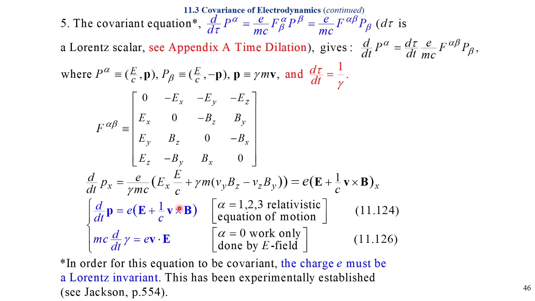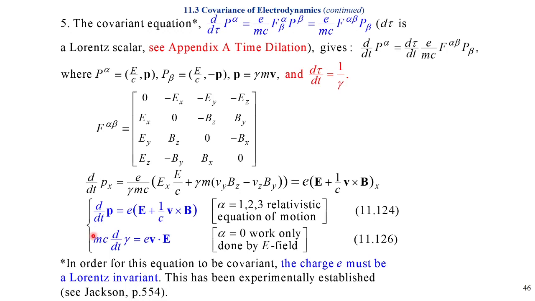We have gamma divided by c, gamma mc cancel. So we have e times Ex plus, cancel, plus this one, 1 over c V cross B, x. Okay, that's the X component of the Lorentz force. Therefore, it's here. dP over dt equals e times E plus 1 over c V cross B. Okay, that's the Lorentz force in Gaussian unit.